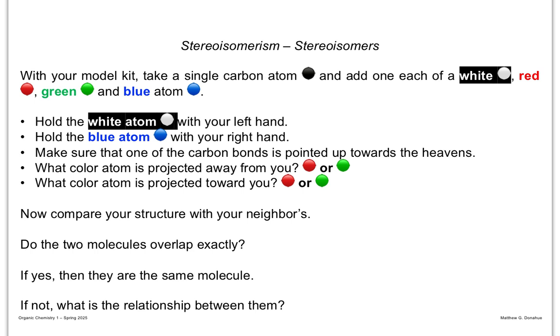So stated another way, this bond to rotate. Those are mirror images of one another. So just like your right and left hands are mirror images, you can't overlap them completely. That's not overlap because I have my palms facing different ways.